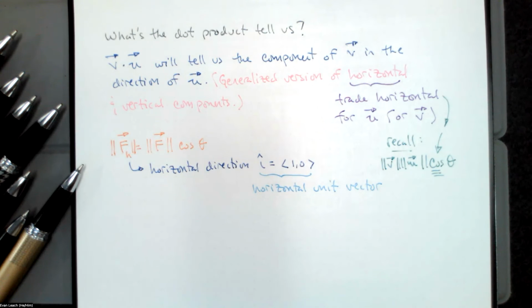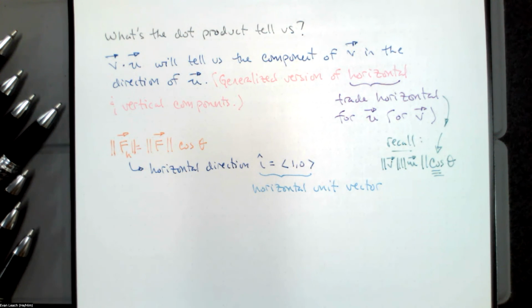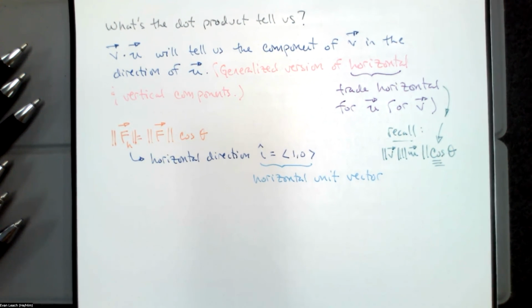How's everybody okay? So we got some stuff to sort out here because there's some stuff missing. I've got this magnitude of the horizontal component. I got the magnitude of F. I've got the cosine of theta. Where's the dot product in all this? Where's the 1, 0 in all this?